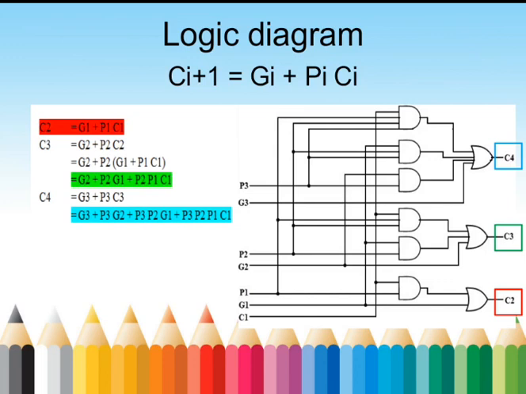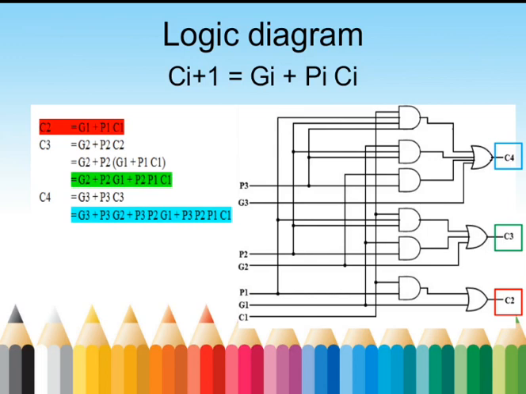This Boolean expression can be converted into a logic diagram by using AND-OR logic. To get the output C2, the third OR gate has the inputs G1 and P1 C1. To obtain the output C3, the second OR gate has the inputs G2, P2 G1, P2 P1 C1.